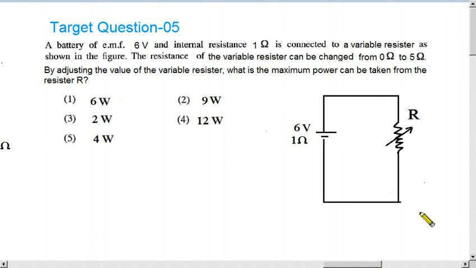The resistance of the variable resistor can be changed from 0 to 5 ohm. By adjusting the value of the variable resistor, what is the maximum power that can be taken from the resistor R? So pause the video and try to find out the answer on your own honestly.